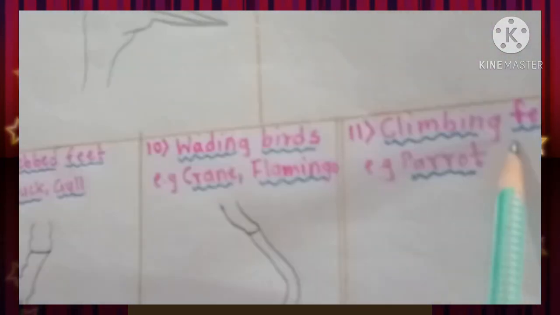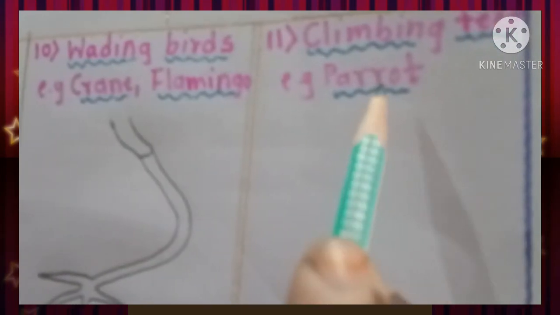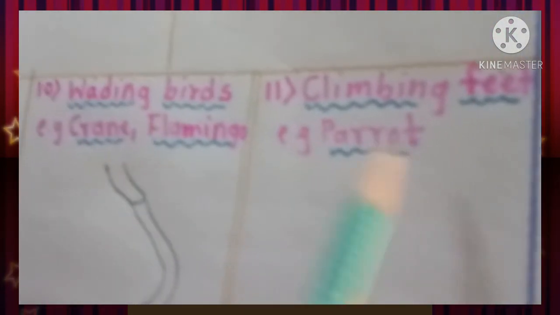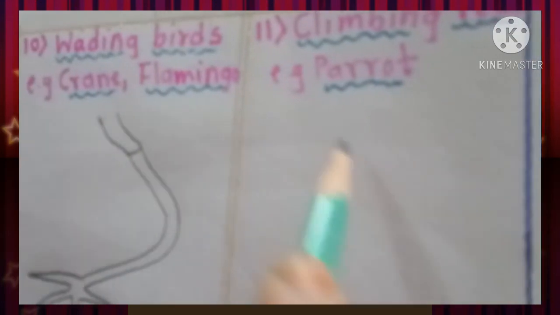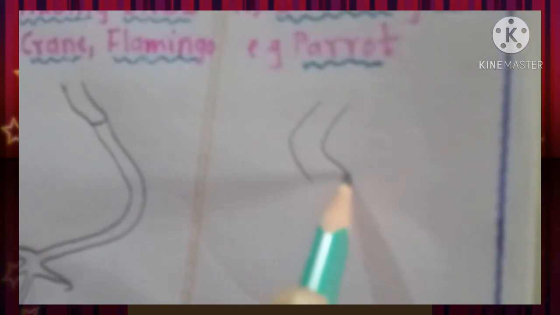Now the last one is the climbing birds. Climbing feet. This type of feet is present in parrot and woodpecker. Here I told you all birds have 4 toes, 3 on the front and 1 on the back. But in climbing birds, 2 toes on the front side and 2 on the back side. Now I draw. See children, and you also draw all these diagrams. So I will draw the parrot feet.